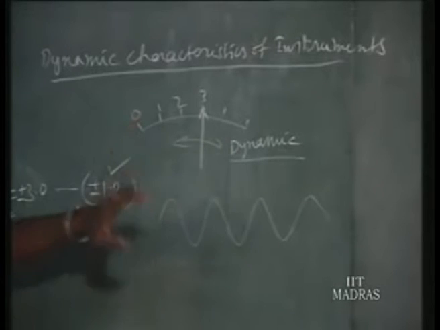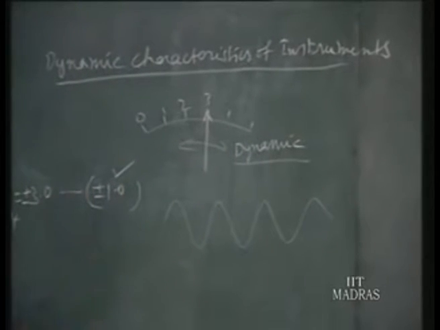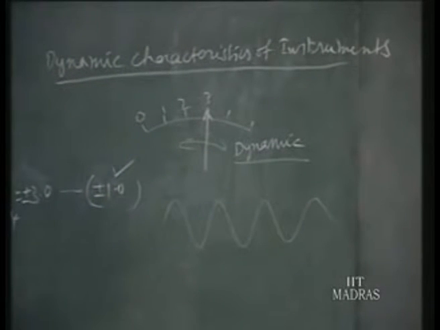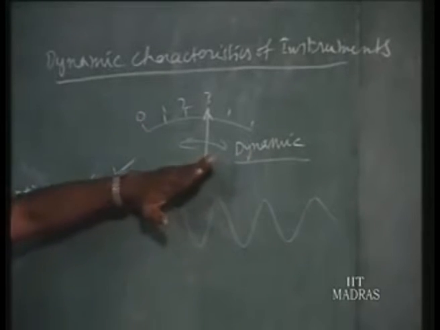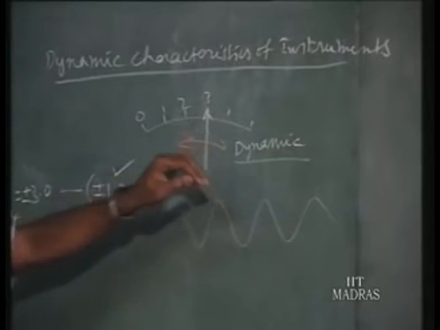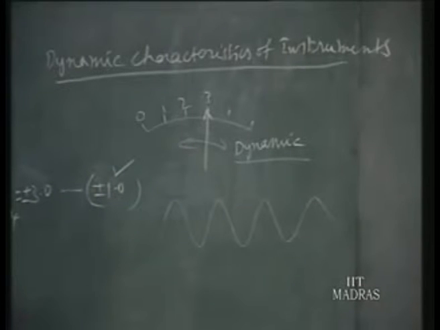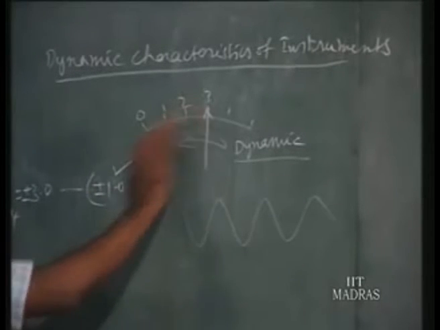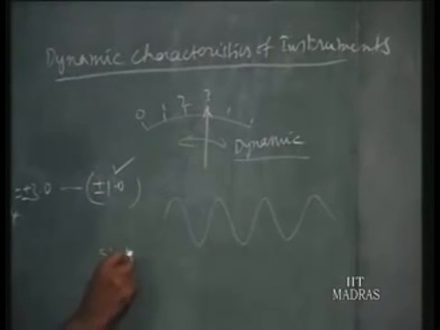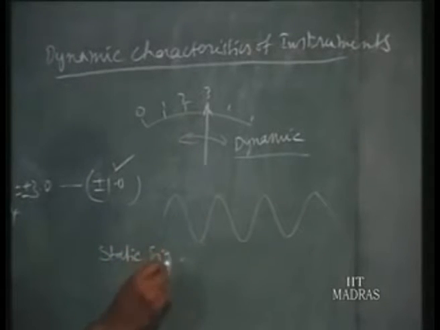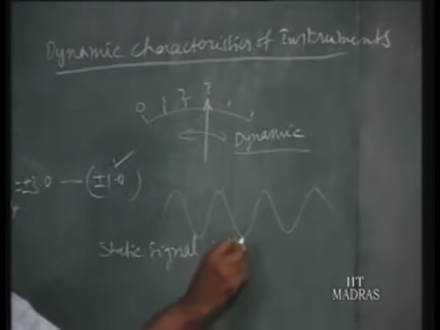You record the variation of the signal and analyze it later. Because with a static signal, you can note down and tabulate the output signal for different conditions, but such tabulation is not possible when the signal is varying, or dynamic in character. In a static signal, we measure only the magnitude.